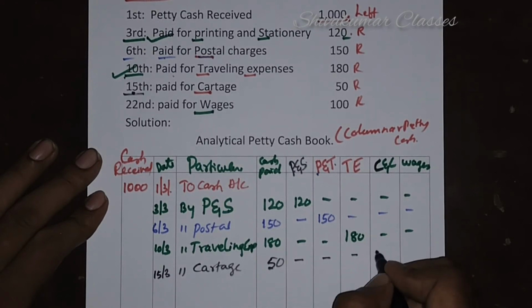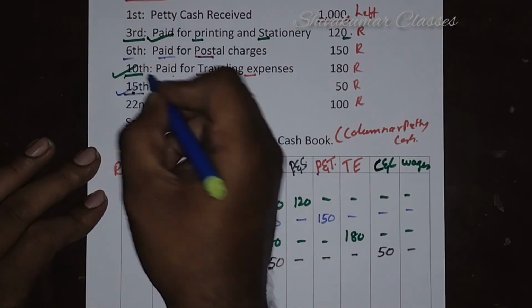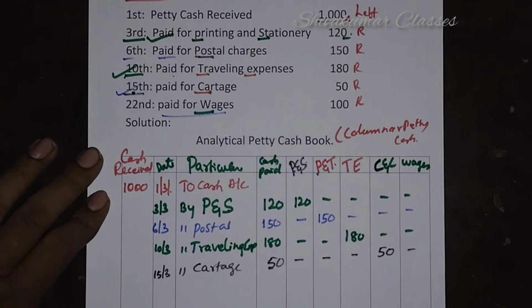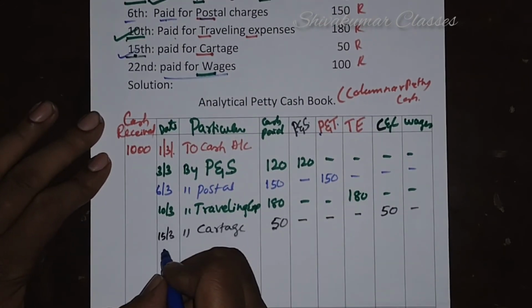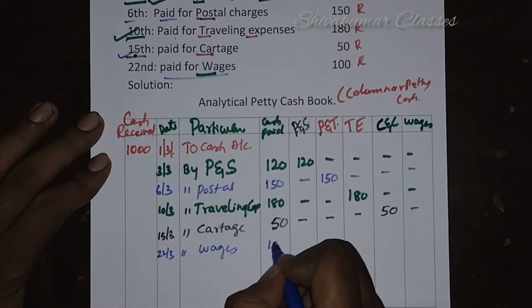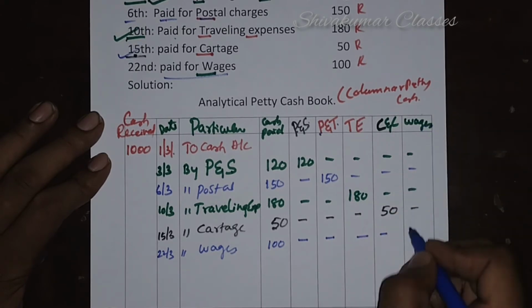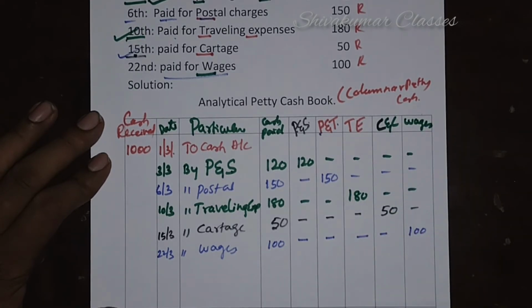Therefore in coolie and cartage let me record 50, and the remaining are dashes. And next is paid for wages. On 22nd March I write wages, the amount is rupees 100, so dashes in the other columns and in the wages column rupees 100. That's it, all the expenses are over.